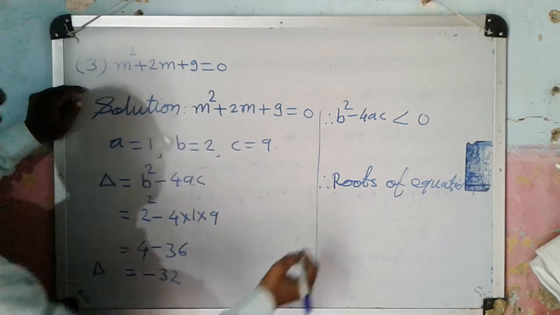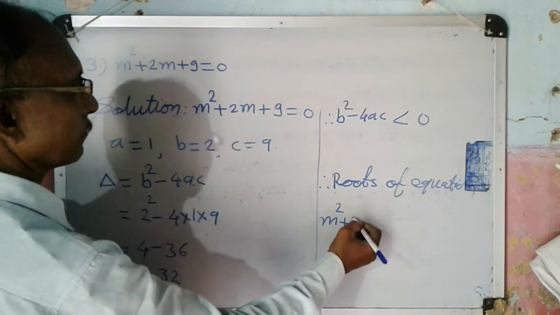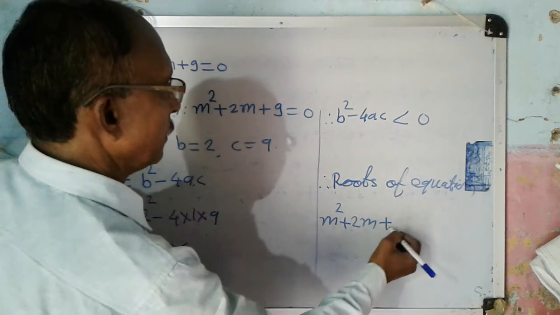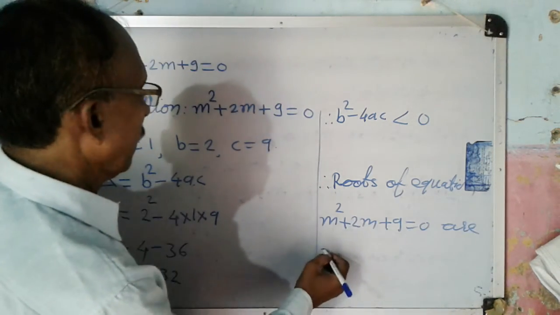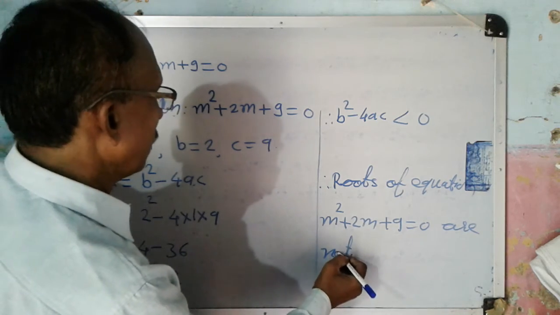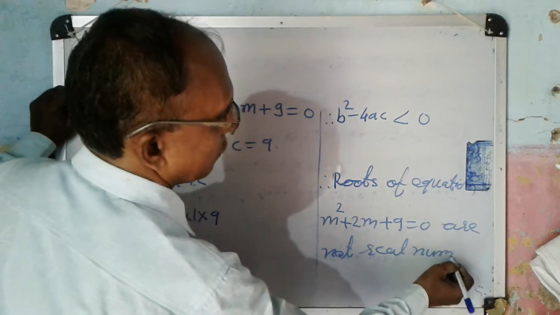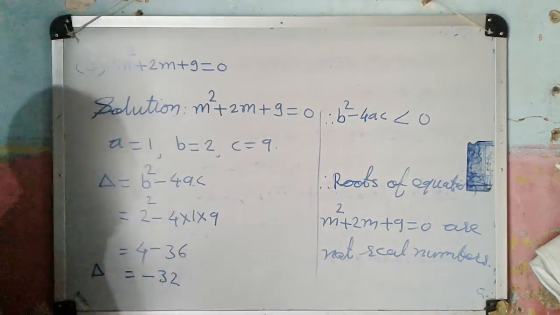Therefore, roots of equation m square plus 2m plus 9 are not real numbers.